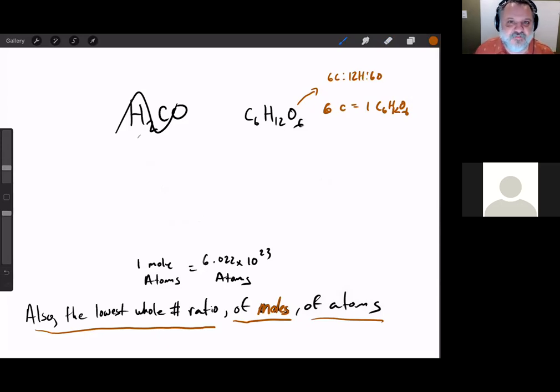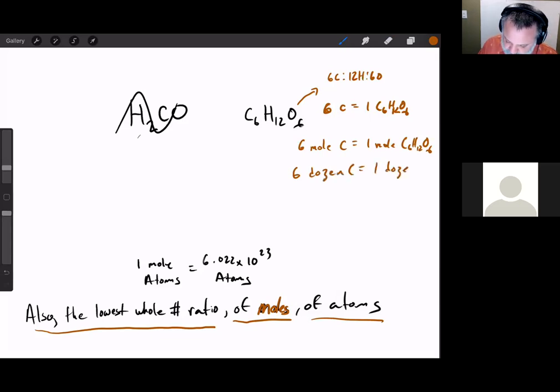I didn't specifically spell it out, but we also did the relationship this way. 6 moles of carbon for every 1 mole of glucose. We could even do it this way. We don't do this in chemistry, though. We could say 6 dozen carbon atoms for every 1 dozen glucose molecules. We don't do that in chemistry, but we could, right? The ratio is the same. Adding the word that means a particular number doesn't change the meaning of the ratio.